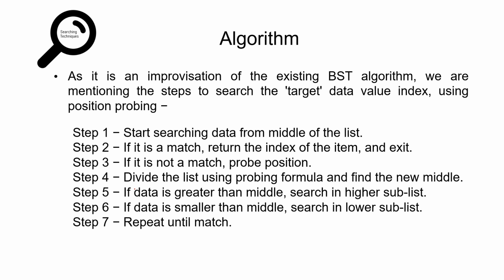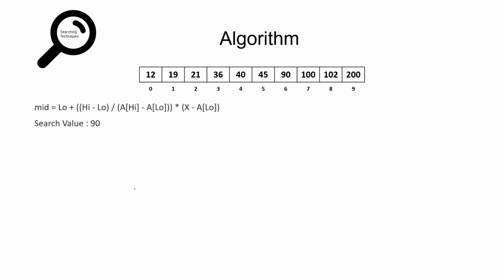Ibig sabihin, kung yung data is mas mataas kung sa middle na nakita natin, pakanan pa tayo. Pero kung mas mababa, pakaliwa tayo ngayon. Repeat until match. Hindi tayo titigil hanggang di siya nagmamatch. Pero kung wala naman talaga, at na-divide na natin siya into the smallest position, smallest size, saka pa lang tayo magbabato ng item not found.